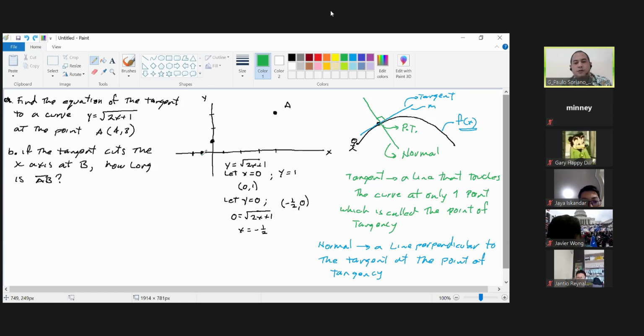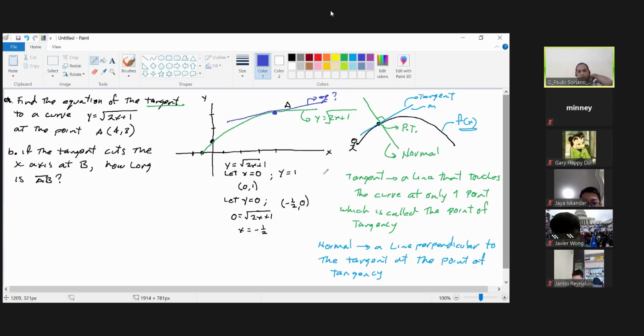Okay. So now our task is to find the equation of the tangent of this curve, y equal to square root of 2x plus 1 at point A, (4, 3). So we are expecting a tangent to be found there at this point. What is the equation of this?